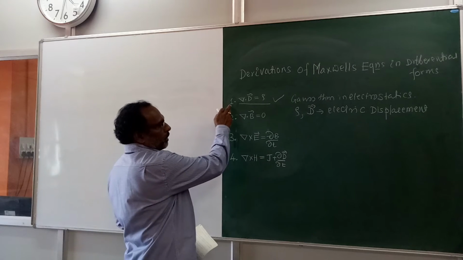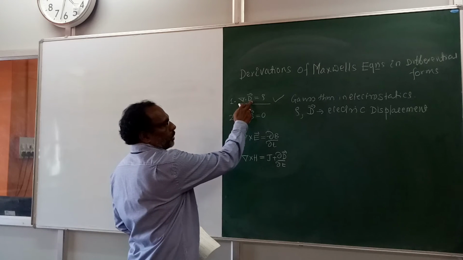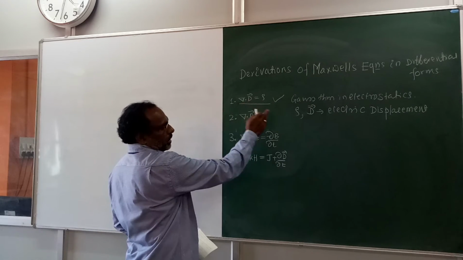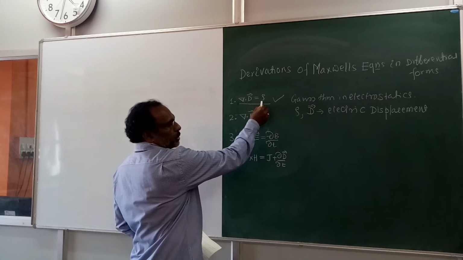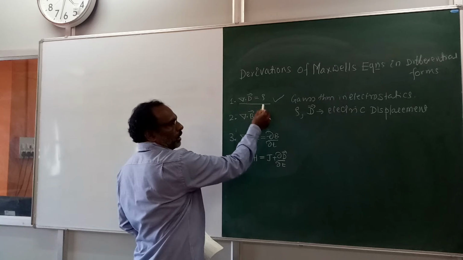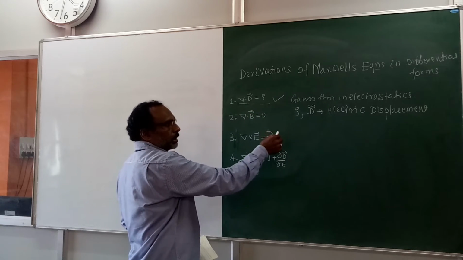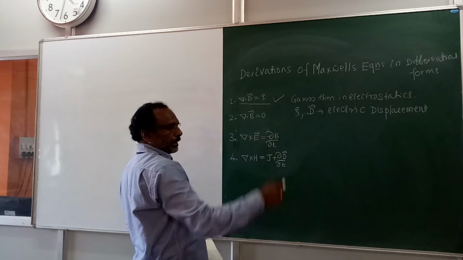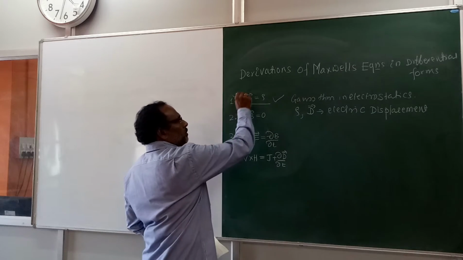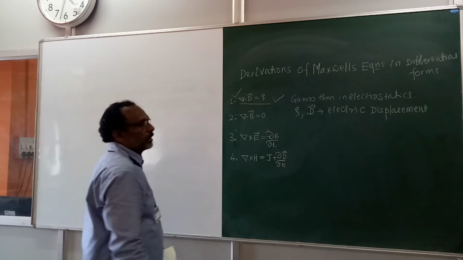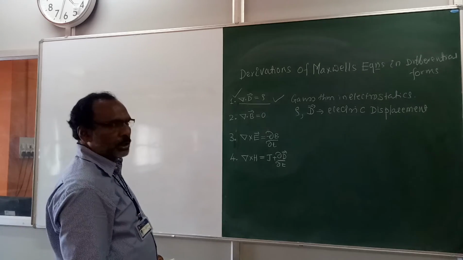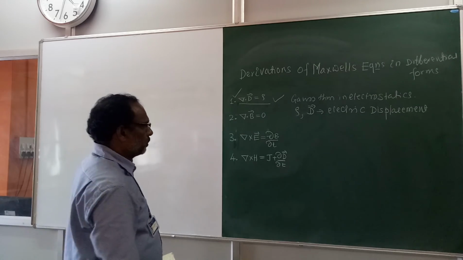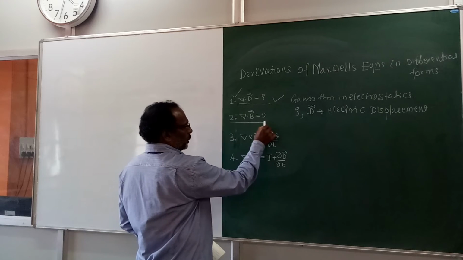The equation number 1, that is del dot D, where D is a vector, the electric displacement, is equal to charge density rho. It's due to Gauss theorem in electrostatics. That is Maxwell's equation number 1 of electromagnetic theory. Hope you got this.